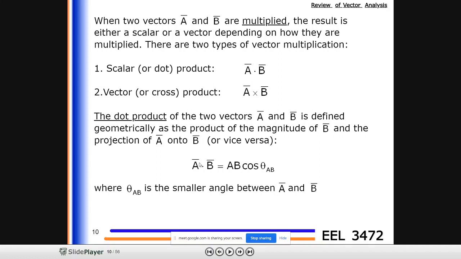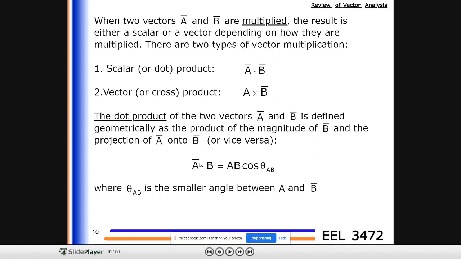Zero. Everyone agree to this? Zero. Fine. Why zero? Cos 90 is zero.